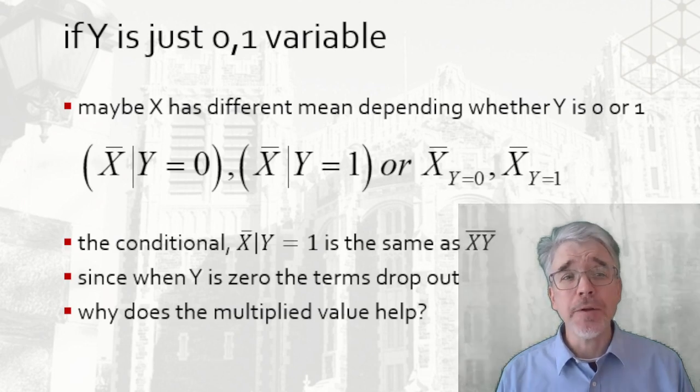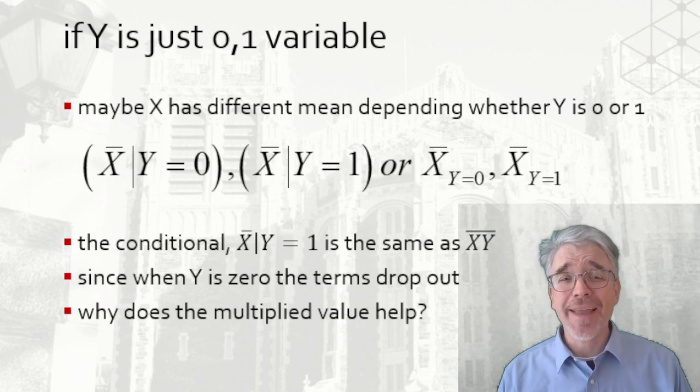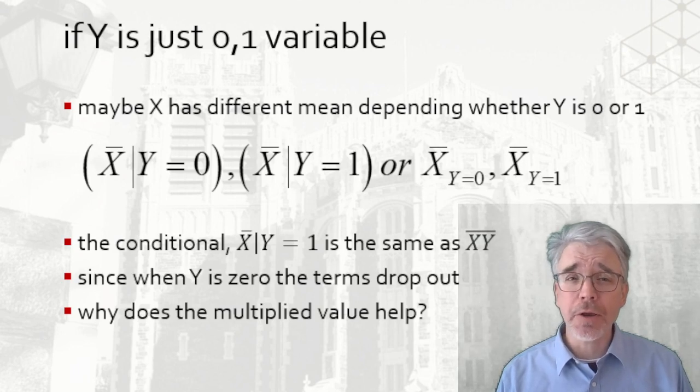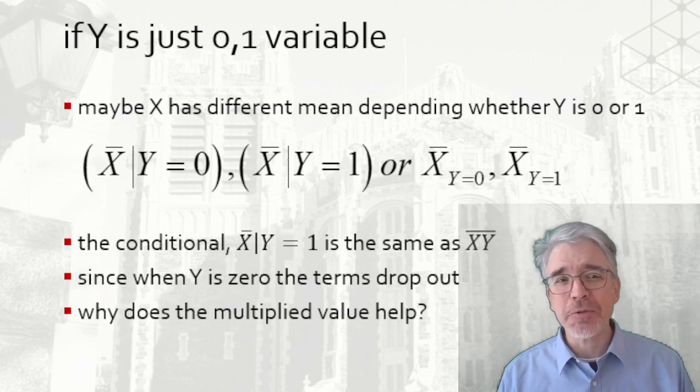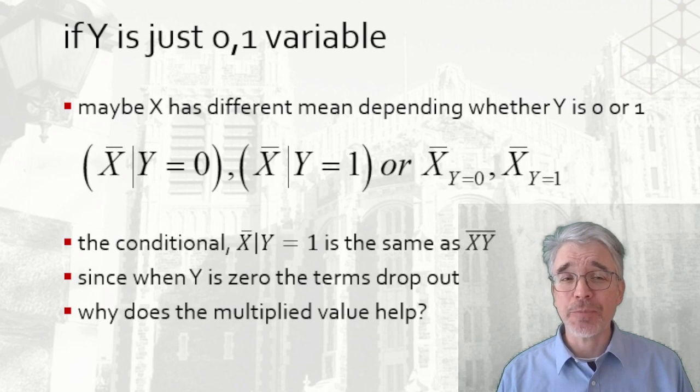Now here, x bar conditional on y equals 1 is the same as the average of x and y multiplied together, which I've denoted as xy bar. The bar is over both, so it's the mean of the multiplication, which, spoiler alert, is not generally equal to the multiplication of the means. Xy bar is not generally equal to x bar times y bar.